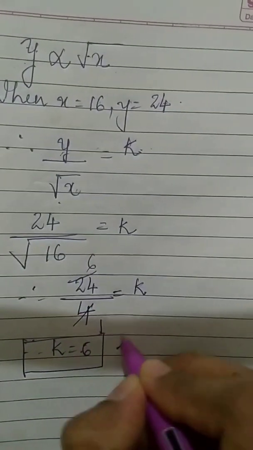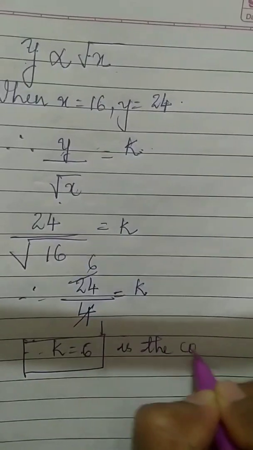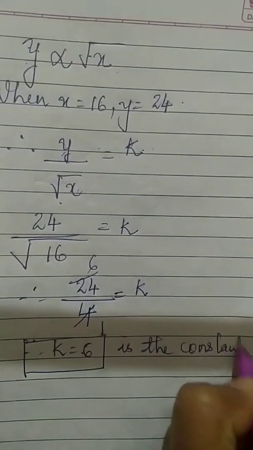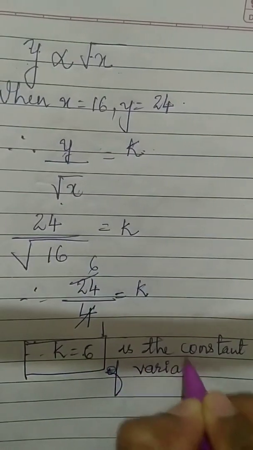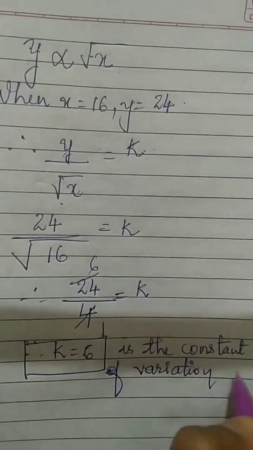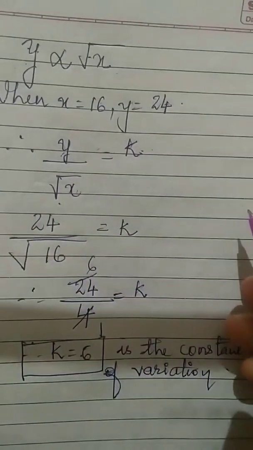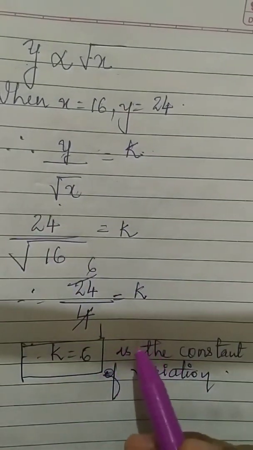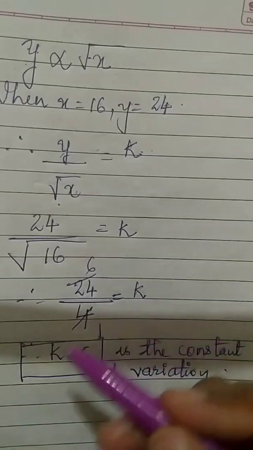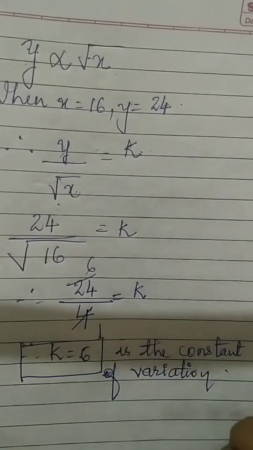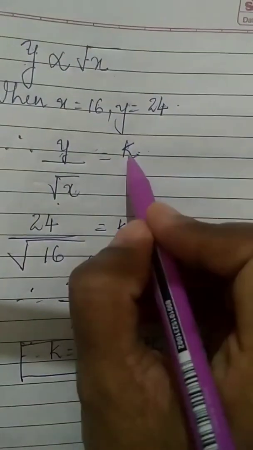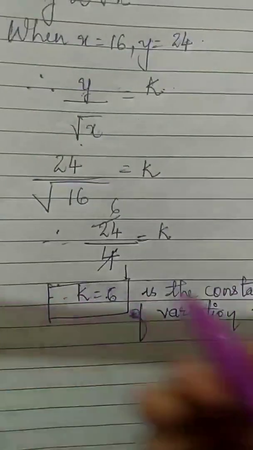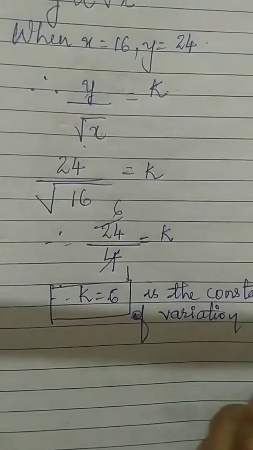You will write this is the constant of variation. Okay? You need this type of sums every time. Now one more question. The last part of the question is find the equation of variation. Just put this 6 here, that is, equation means it should consist of a variable and a constant, no?